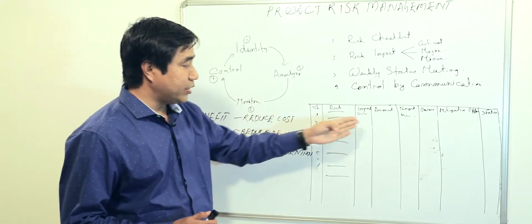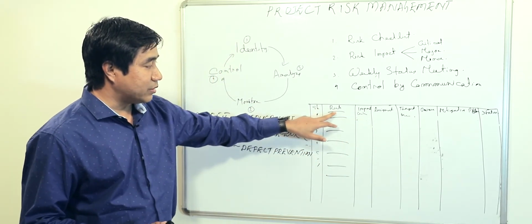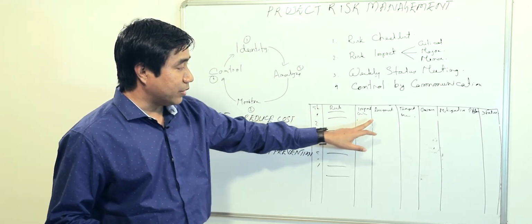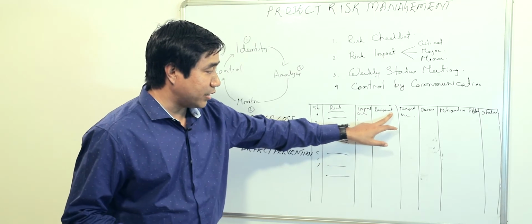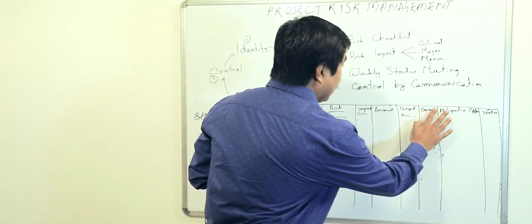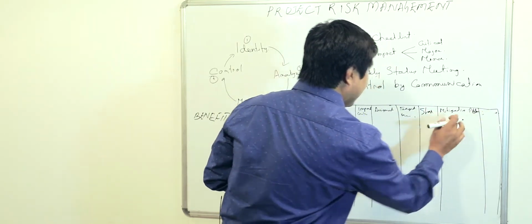We may be using this kind of template. For example, we have the serial number, the risk description, the impact, the assigned to, the target date, then the status, and the mitigation plan.